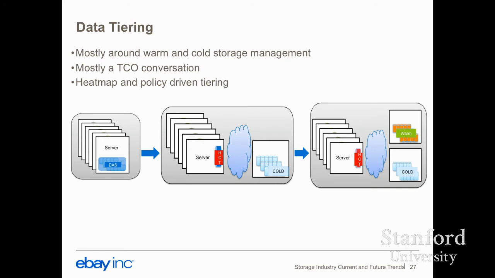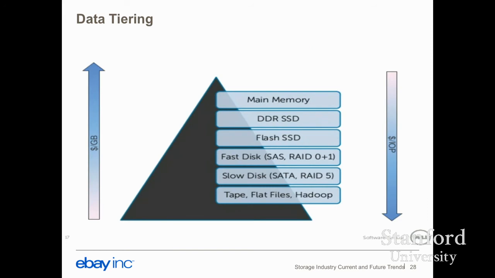For example, this holiday season, we need to be able to see what last year's holiday season numbers and trends were, or the year before. So every year we need to go back and look at data that we probably haven't touched in about a year. So the data needs to stay around, but not necessarily on the same tier. What we see is a triangle like this as far as storage technologies are concerned.